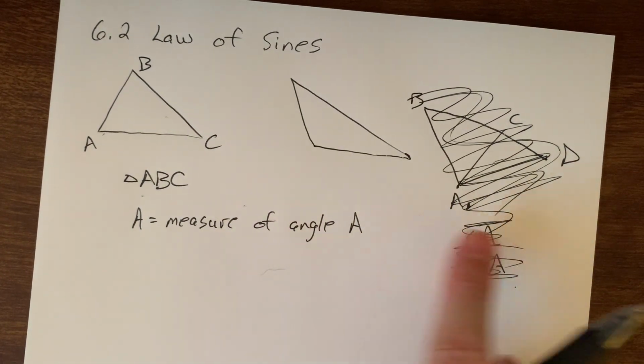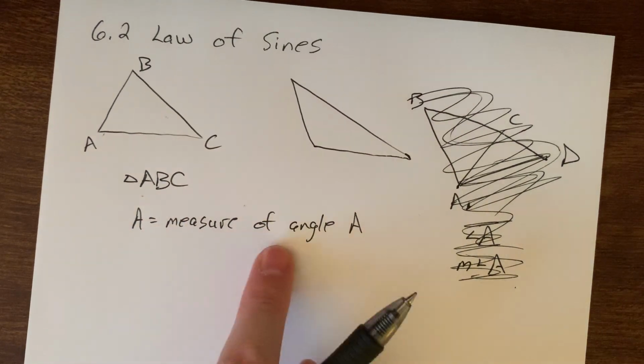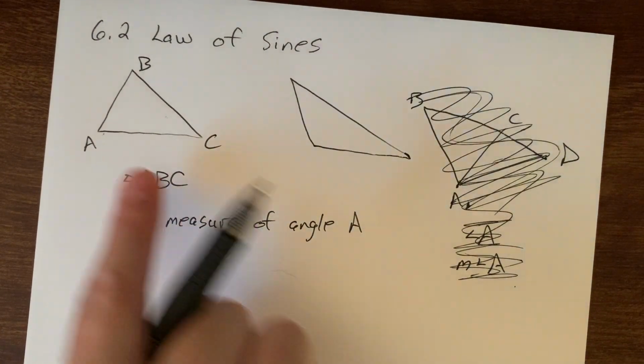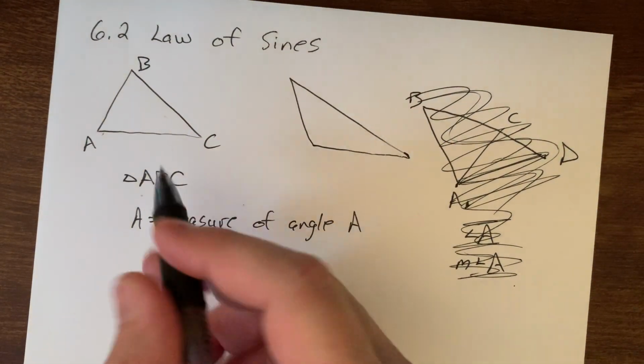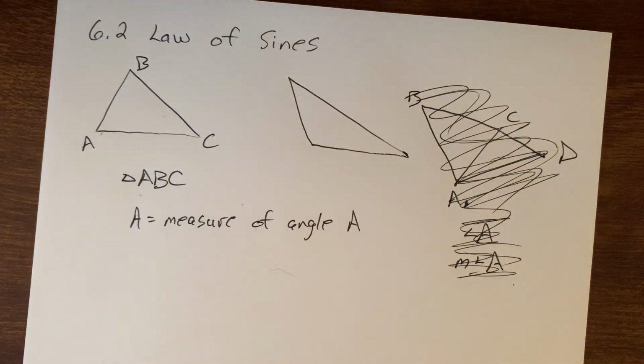This covers both. A refers to the angle or the numerical measure that goes with it. Either one is pointing us to this corner. Okay? I could do the same thing for angle B and angle C.